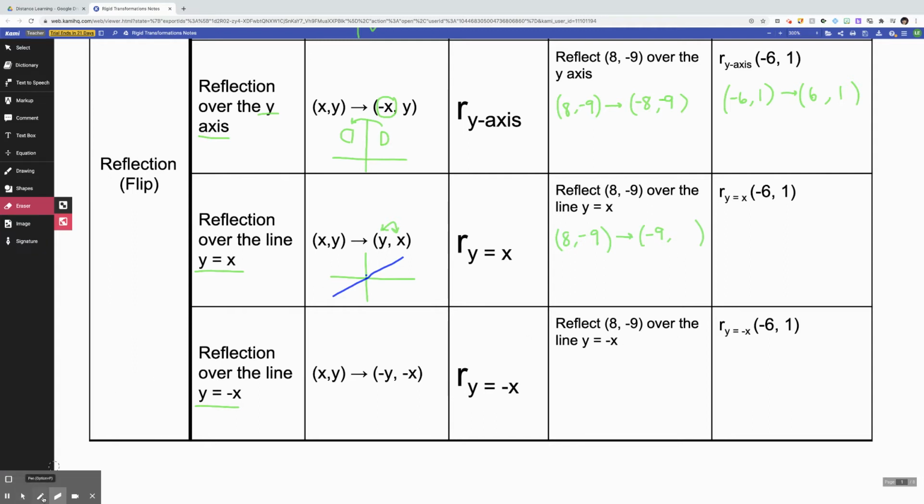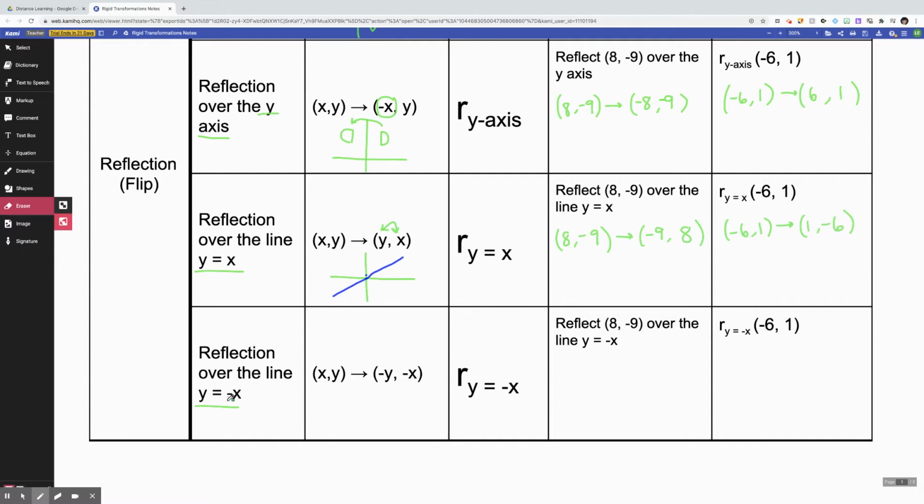Don't want a negative sign. Okay, so I'm just going to switch these. So 8, -9 becomes -9, 8. Same thing for the vector notation. You see a lowercase r, so that means reflection over the line y equals x. So I'm just going to switch my x and my y. So -6, 1 becomes 1, -6.